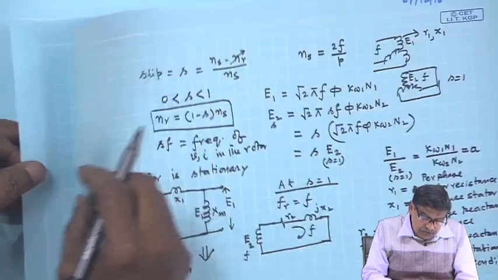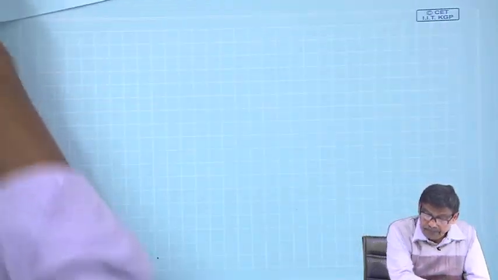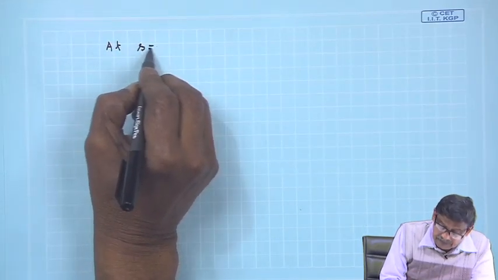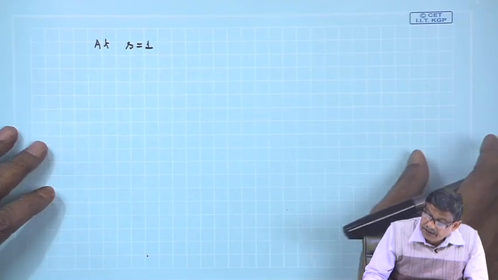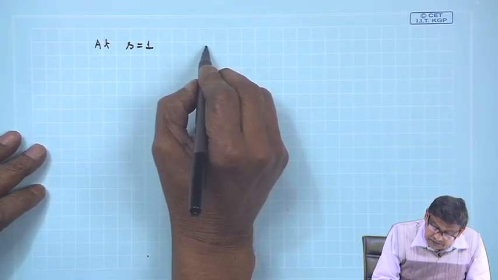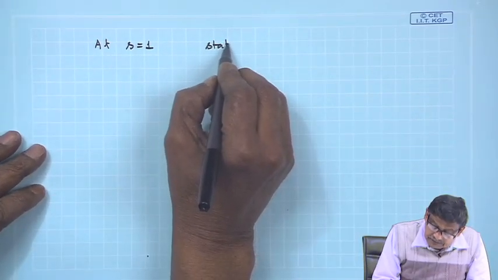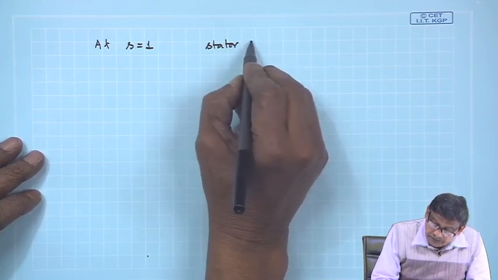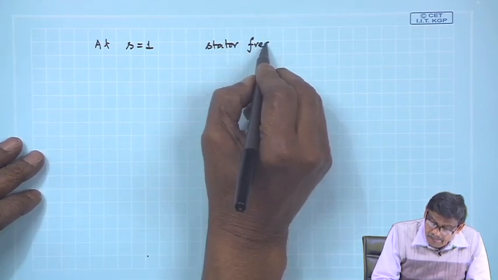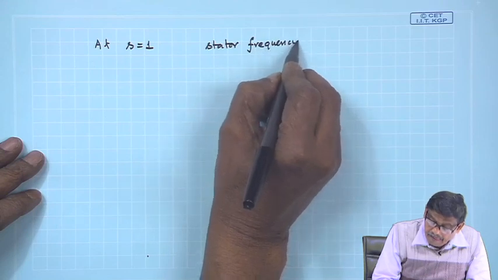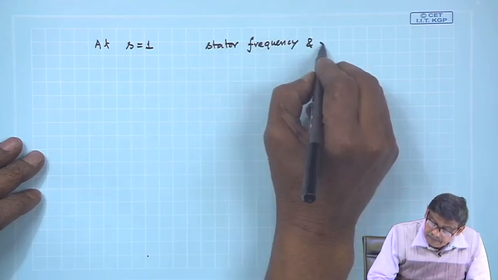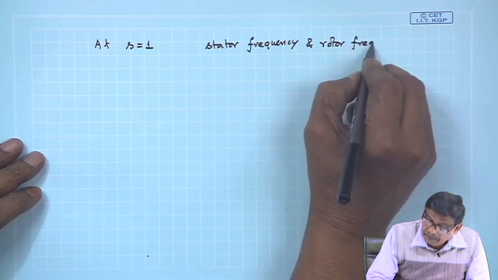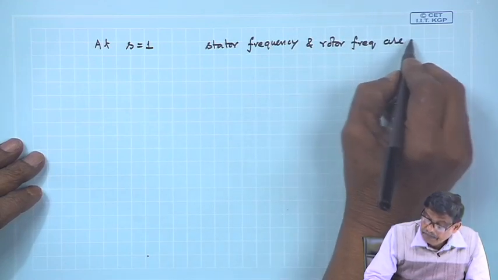So, at S equal to 1, the stator frequency and rotor frequency are the same.